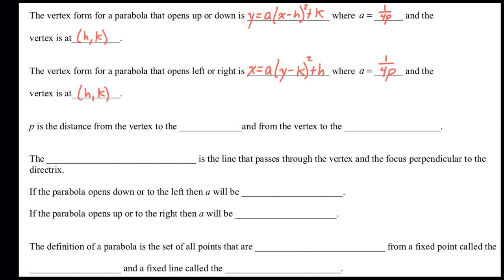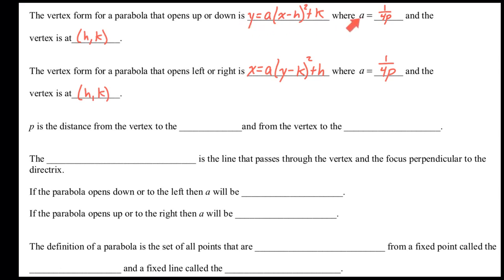Okay. Now, in this situation up here on the first one, this parabola opens up or down, and if you think about it, y direction is up and down vertically. So if it's a y equals equation, it opens up or down.